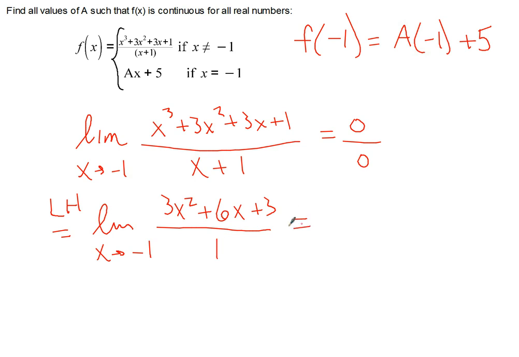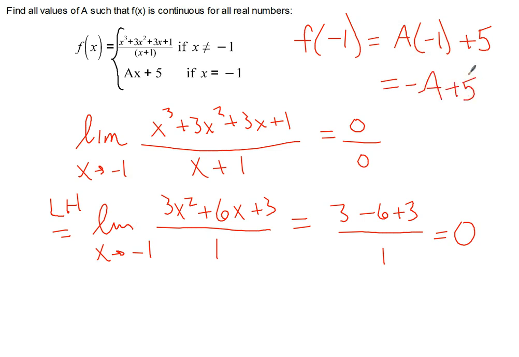Now when we plug in negative 1, we end up with 3 minus 6 plus 3 over 1, which is 0. So the limit as x approaches negative 1 exists. It's 0. The value of the function at negative 1 exists. It is negative a plus 5.